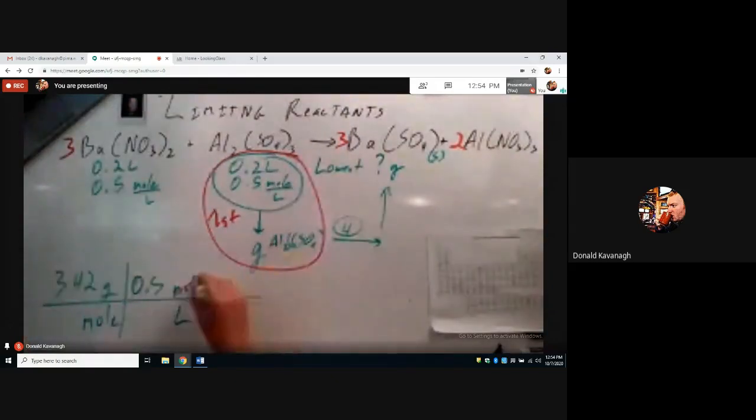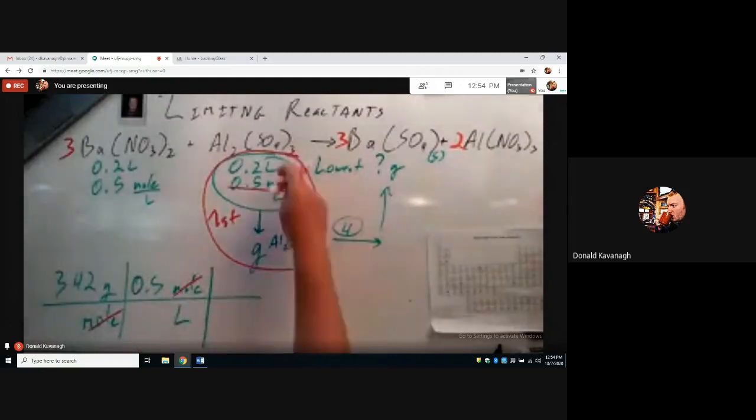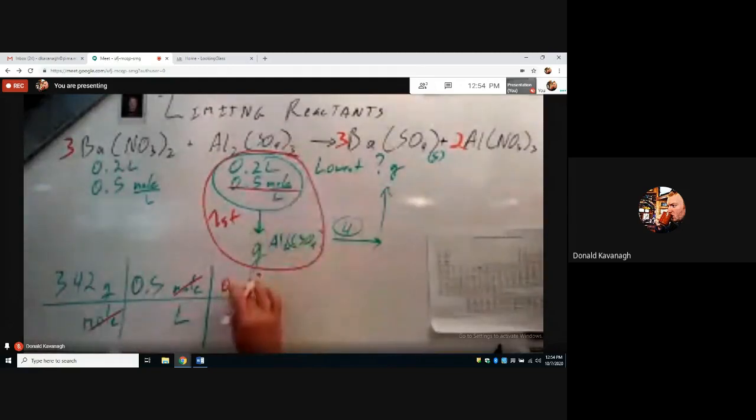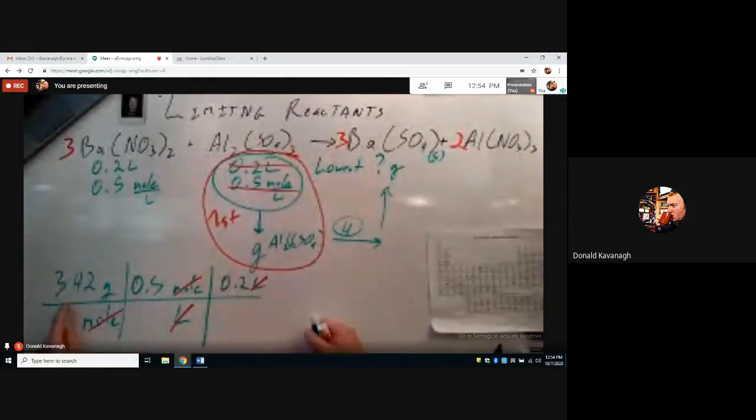The unit cancels, and I cross that off my shopping list. Now I need to cancel out liters. Okay. Now, if I were to pick up my calculator right now, I would calculate the grams of aluminum sulfate that were present in the solution.